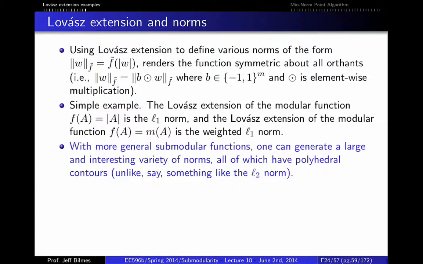But there's no distinguishing. You can't say, if element 13 gets big, I want element 7 to be cheap, but if element 14 gets big, I don't want element 7 to be cheap. That can't happen with any of the p norms, whereas with a submodular function, it can.